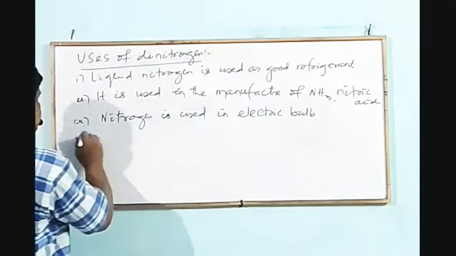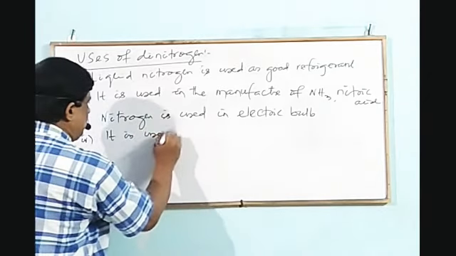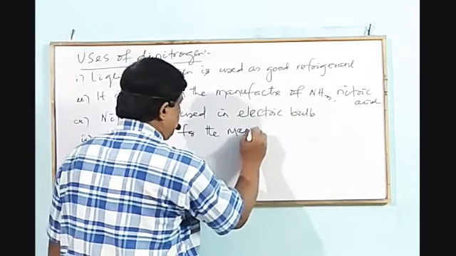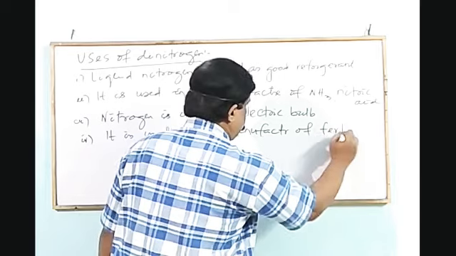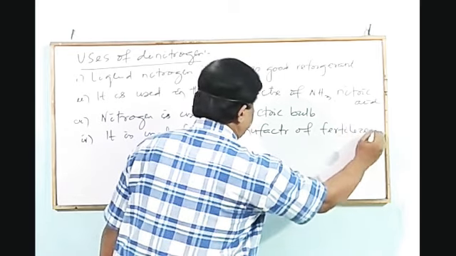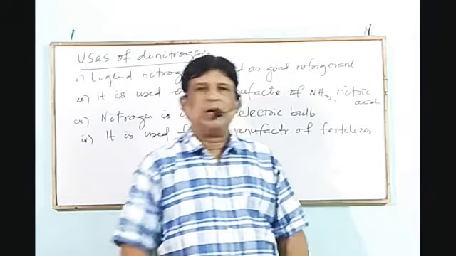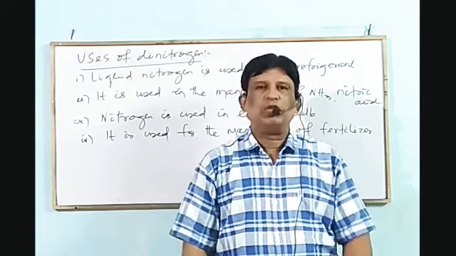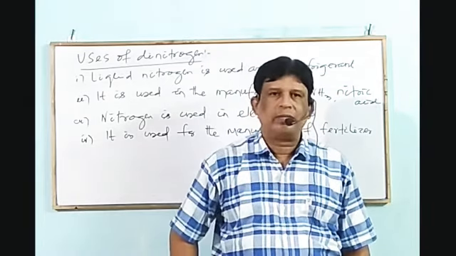Next, it is used for the manufacture of fertilizer. These are some uses of dinitrogen. Next, switch over to the method of preparation of ammonia.